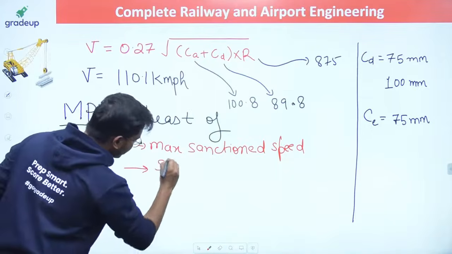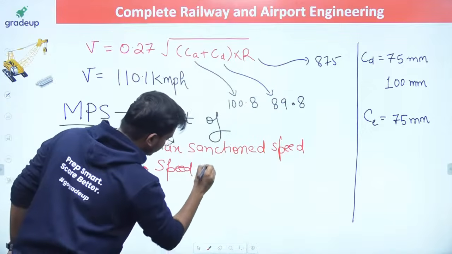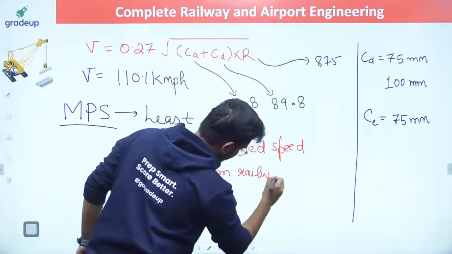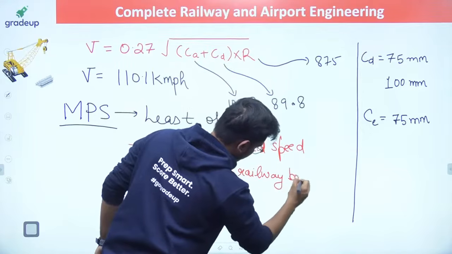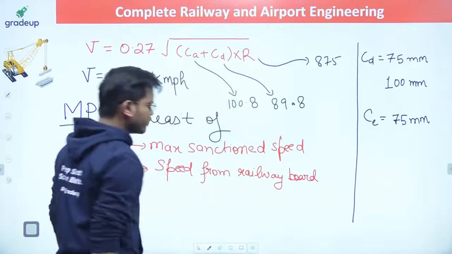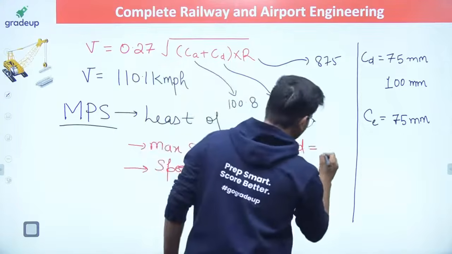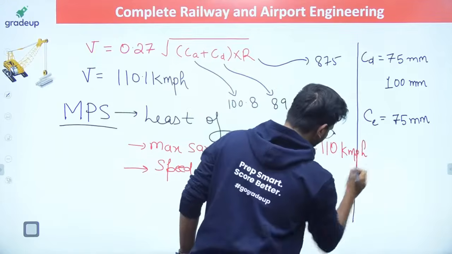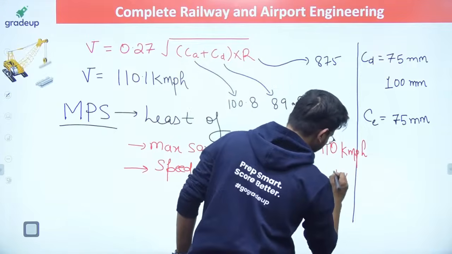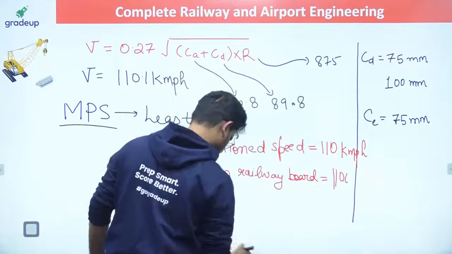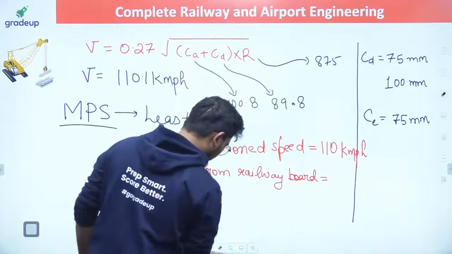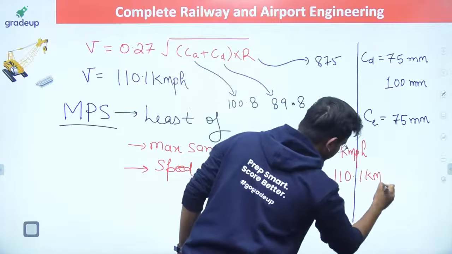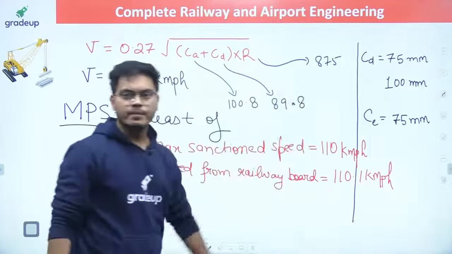Speed from railway board formula. This was 110 kmph and this was 110.1 kmph, right?